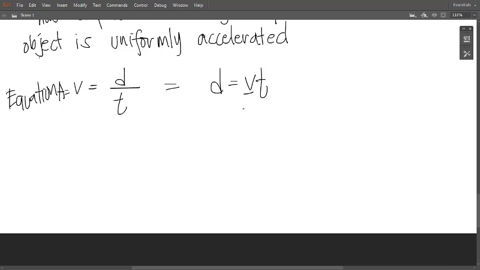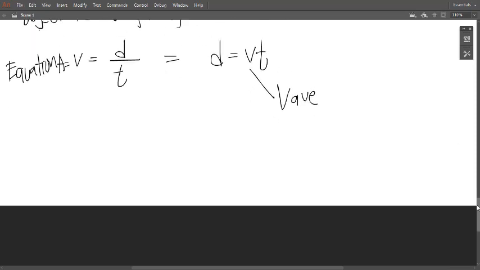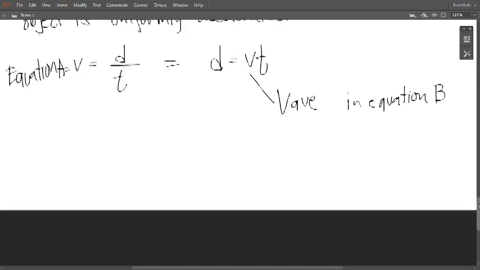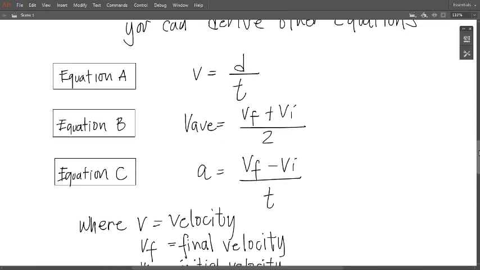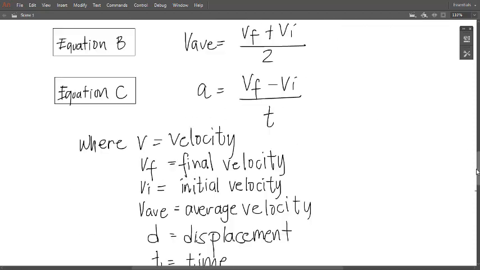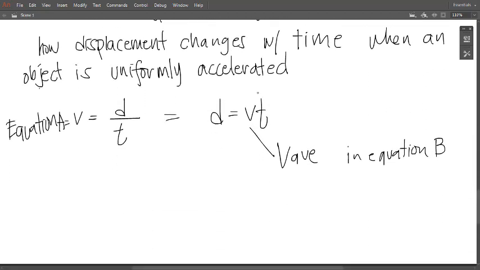So by substituting V here, we'll be substituting it by the average velocity, Vav, in equation B. So where's the equation B here? Okay, so we will be using this.